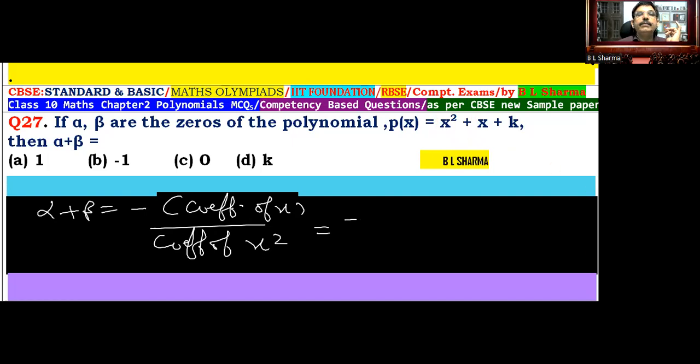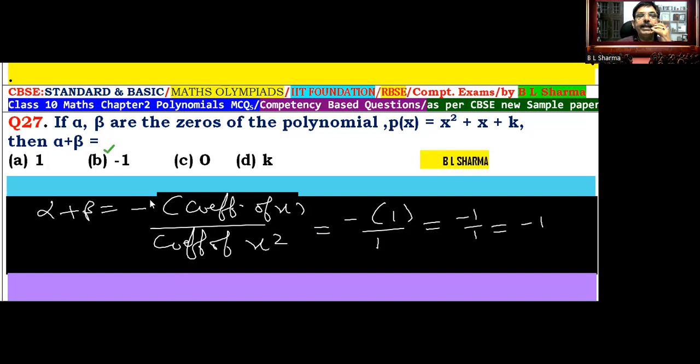So minus 1 upon 1, that is negative of 1. So B is the correct answer.